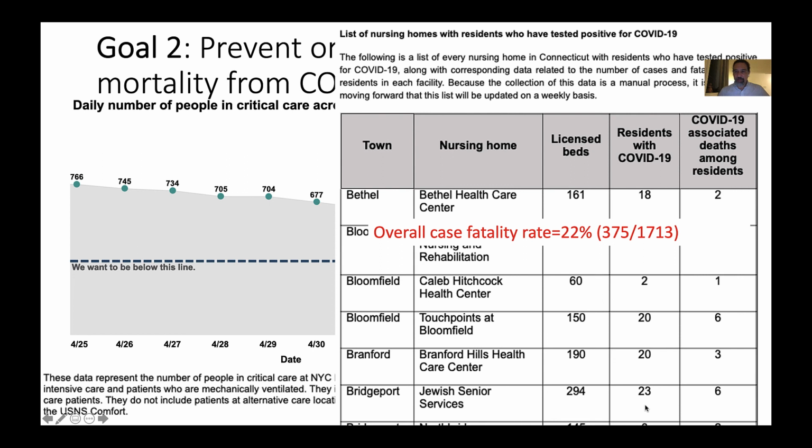Among 375 of those cases, there were deaths. So that was a case fatality rate of about 22%. This is very high, and it reflects the vulnerability of nursing homes. So in thinking about metrics for preventing COVID-19 deaths, which was our second public health goal, you really do need to focus on congregate settings, nursing homes, and those populations that are most vulnerable.